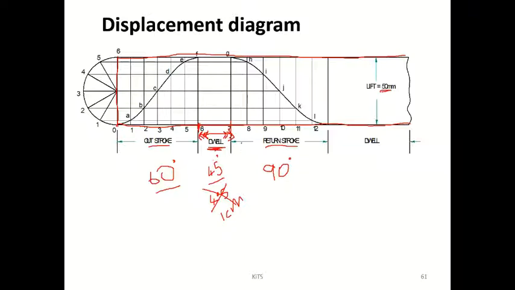Then first 6 centimeter, from this point to this point, is one segment. Put a vertical line, one segment is over. Then after 1 centimeter gap, put another segment. This is dwelling. After that, 90 degree means 9 centimeter. After 9 centimeter, put one more vertical line.